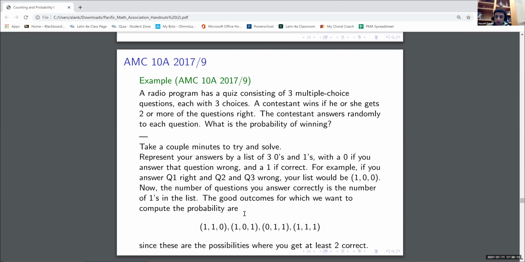All right, so now we'd like to find the probability that each one of these cases happens. Now remember that the probabilities of answering each question a particular way are going to be independent, which means that we can multiply them.